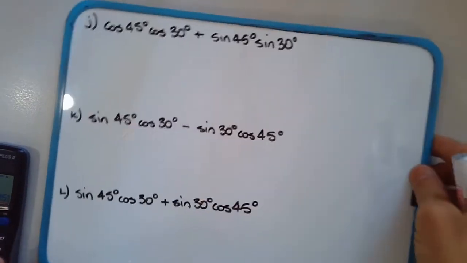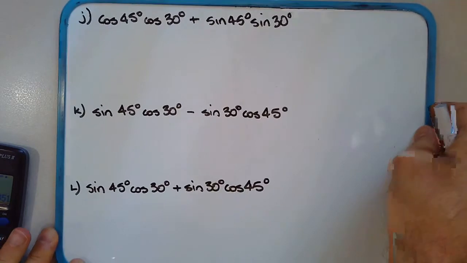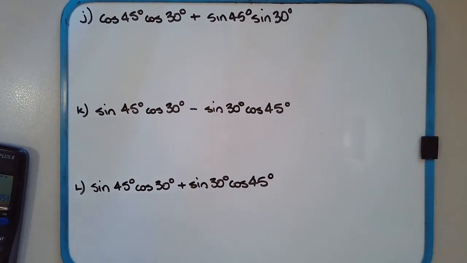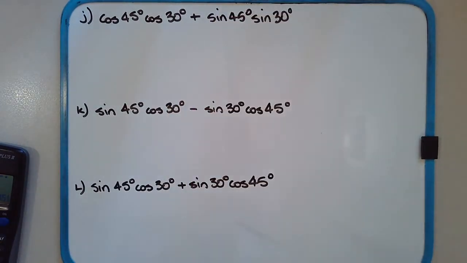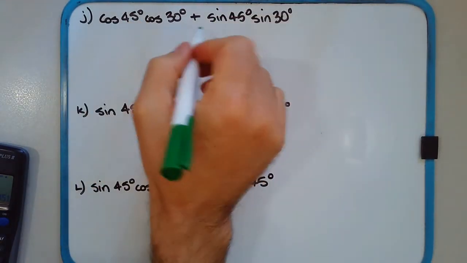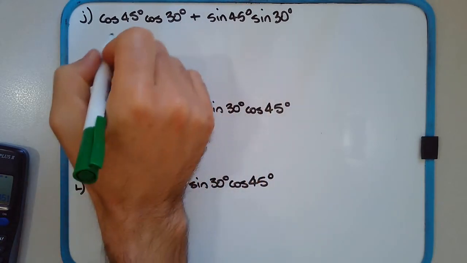Oh, got some more on the back here. All right, so let's try and get through these a little bit quicker. Okay, so we have cos 45, cos of 30 plus sine of 45 degrees, sine of 30 degrees. Same as the last one actually, except instead of the minus, it's a plus, isn't it?